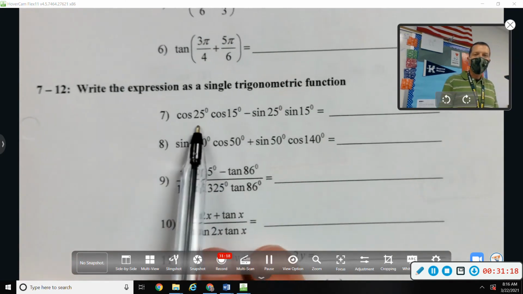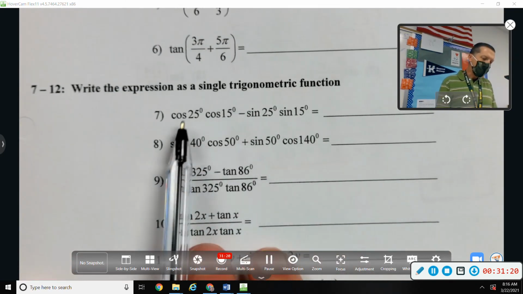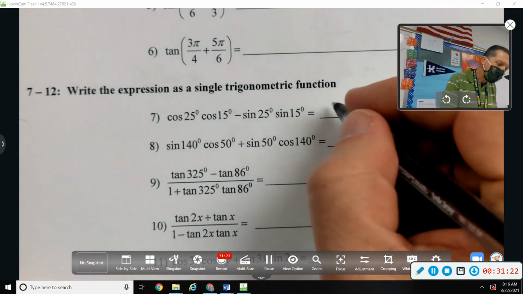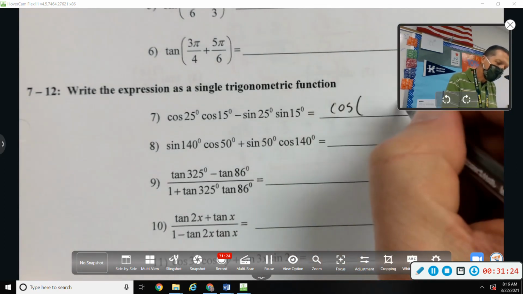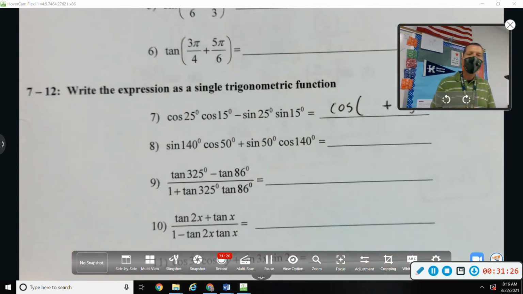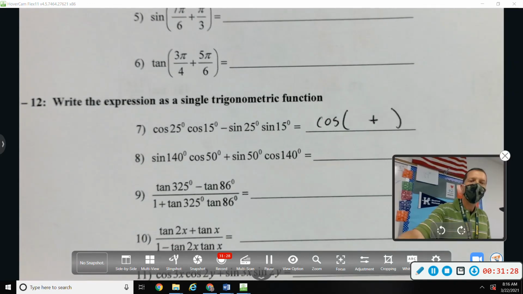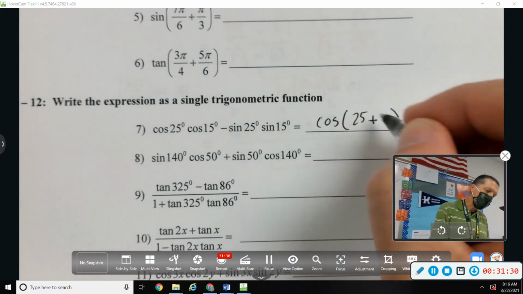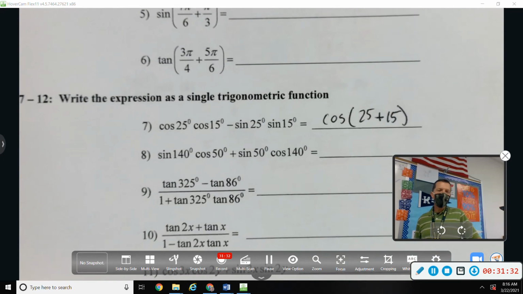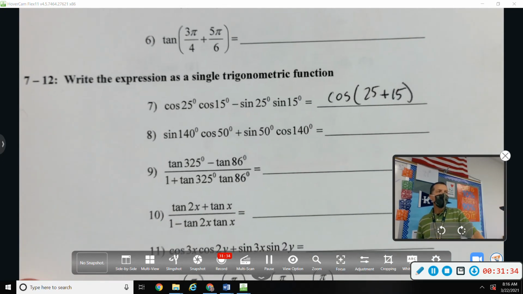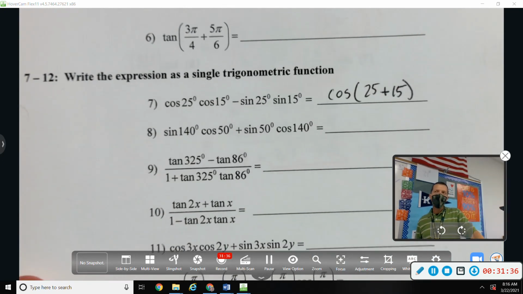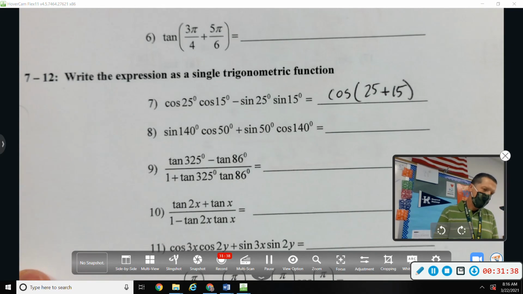So 7 through 12 is a backwards problem. So cosine, cosine minus sine, sine. That's the cosine of x plus y. So that turns out to be the cosine of 25 plus 15. So that's what 7 through 12 wants you to do. You don't actually have to solve anything. You just have to recognize what's going on.